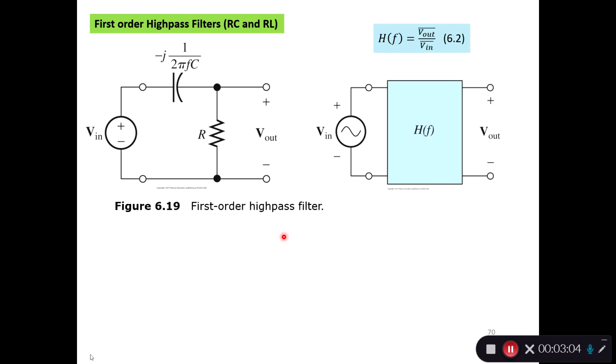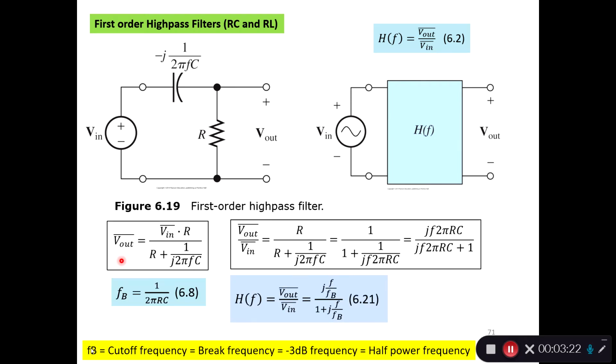The next step is to find out the transfer function when we apply it as a two-port network. And the transfer function is the phasor output over phasor input. So let's see what the math is for that. We simply use the voltage divider principle. So what is the voltage over the resistor on the output?